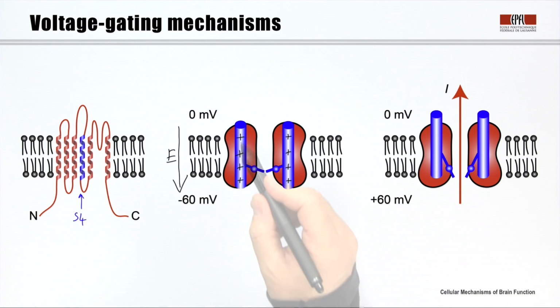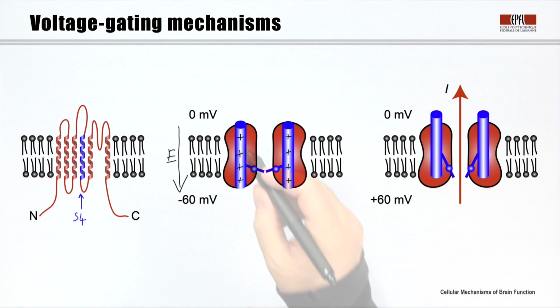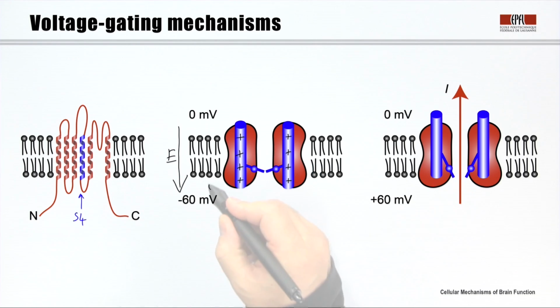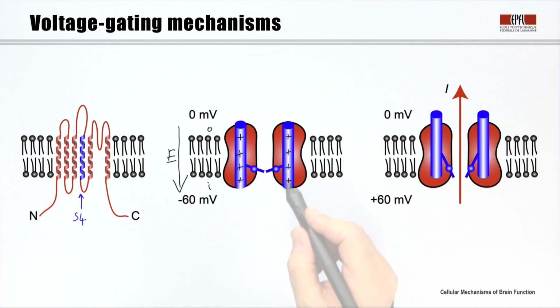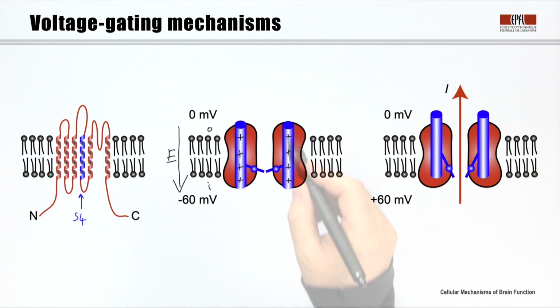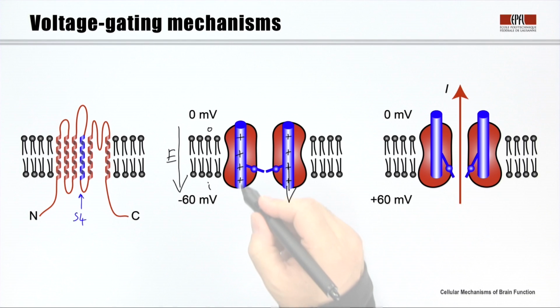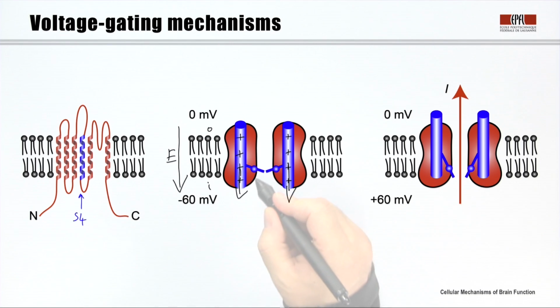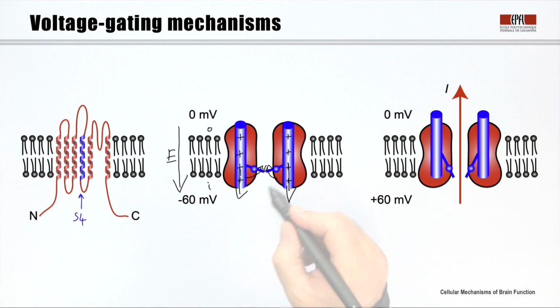That electric field acts upon the charges of the S4 voltage sensing domain and pushes it downward towards the inside of the cell. The S4 voltage sensing domain is attached to a gating mechanism, the voltage gate. When these positive ions are pushed in towards the inside of a cell, the gate swings up and it's closed. The ion channel cannot open and cannot permeate ions.